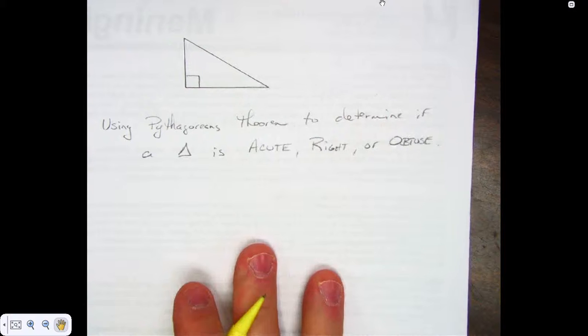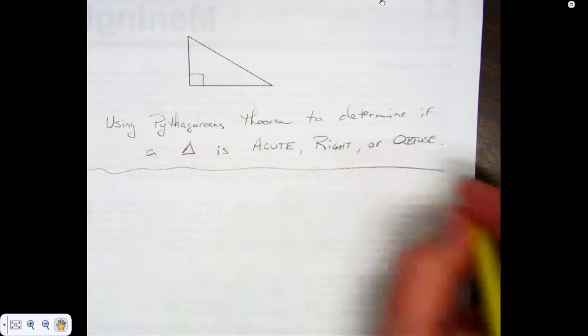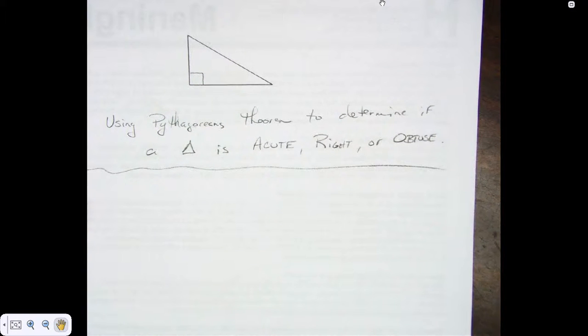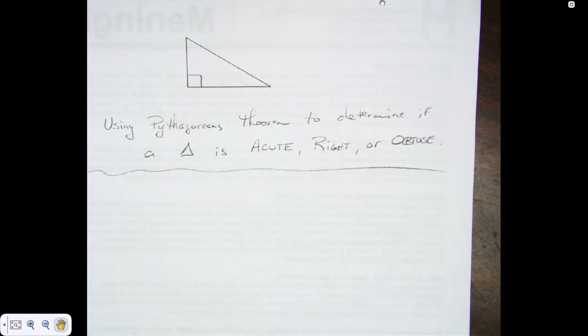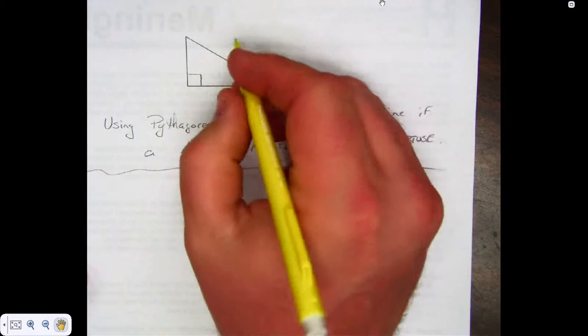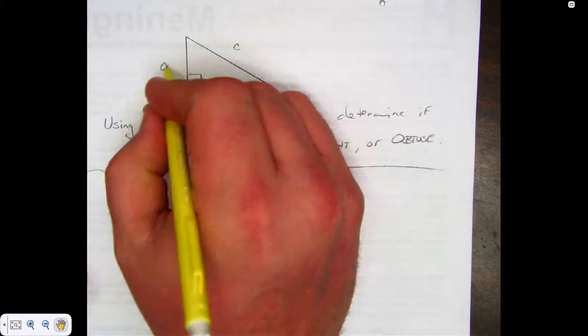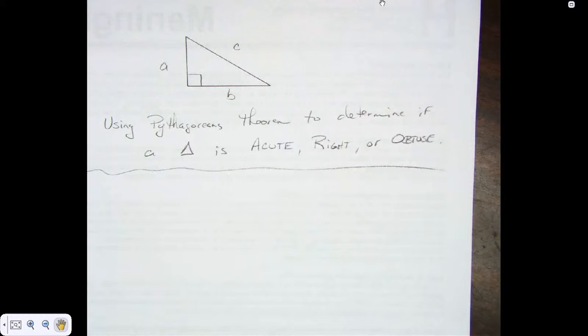Obtuse. What I like to do is you always got to think of this in terms of your hypotenuse, which is always your what? Largest side.